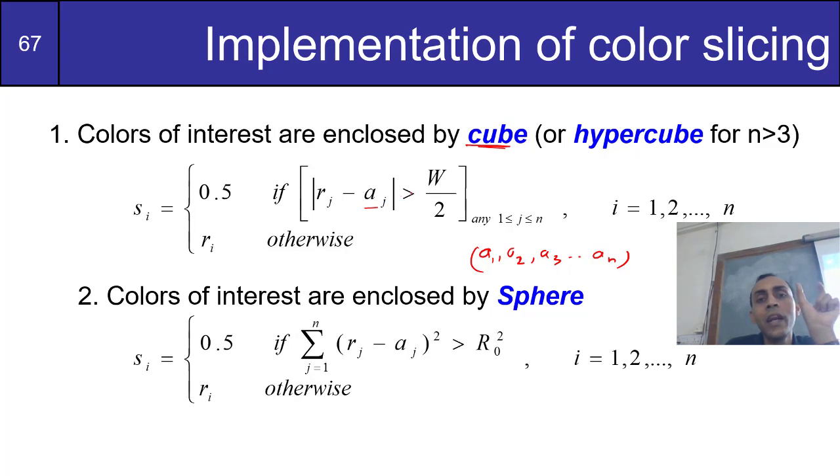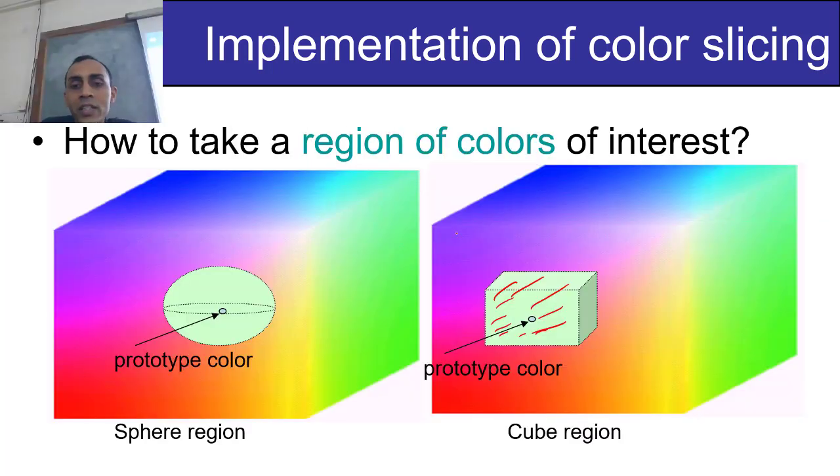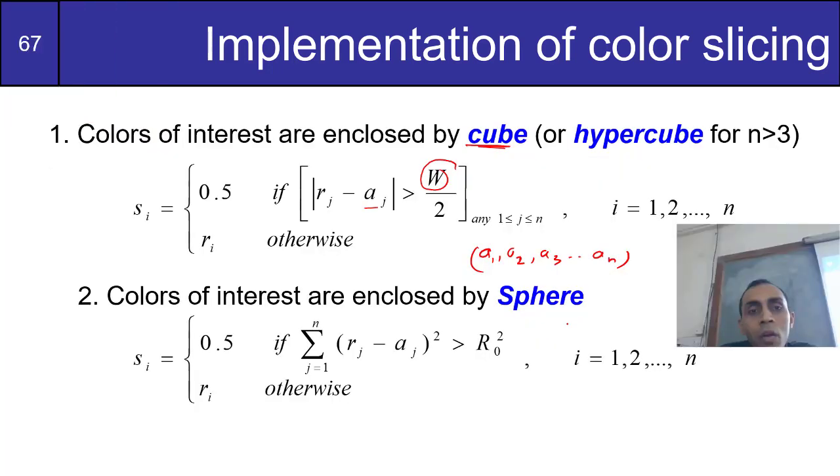If that distance is greater than half the size of the cube, so W by 2, because this is in the center, then the color is falling outside that cube, and we make it some neutral color. You fix it to some arbitrary neutral value, and otherwise, if it is inside that region of interest, you leave it unchanged.